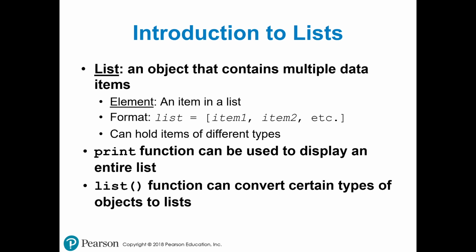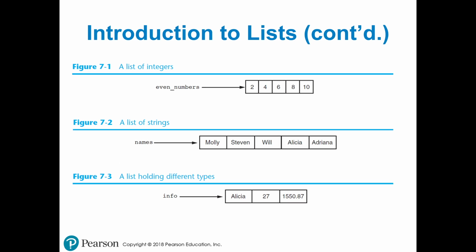A list can hold different types. It can hold strings or numbers or whatever you want to put in there. It actually can hold anything. We can use the print function to display an entire list. And we can use the list function in parentheses, which will convert certain types of objects to lists.